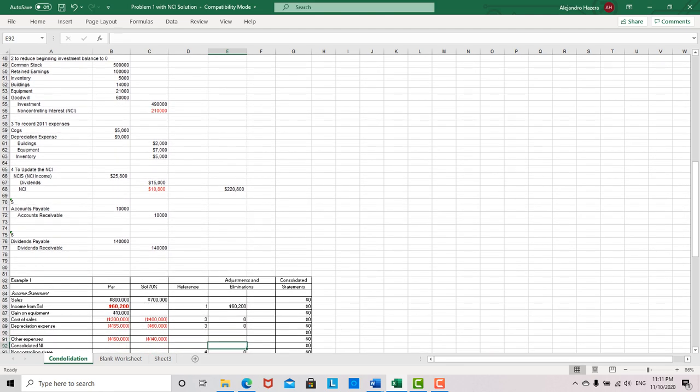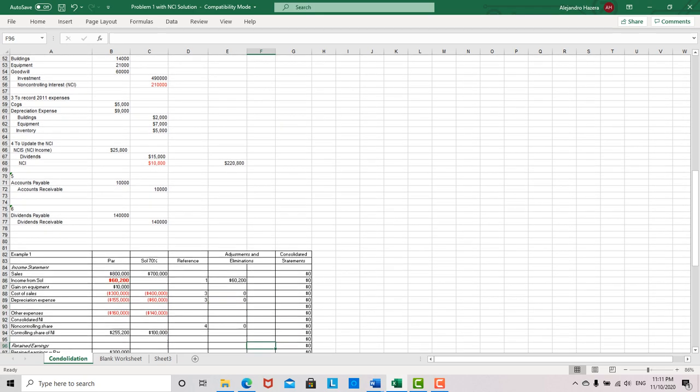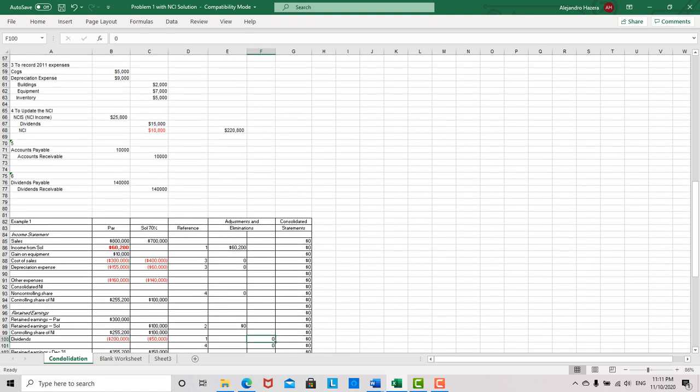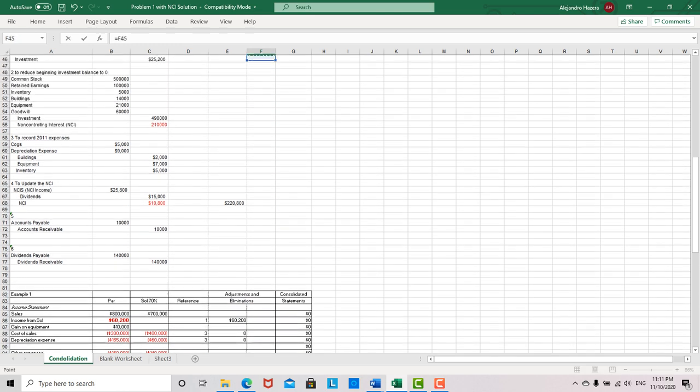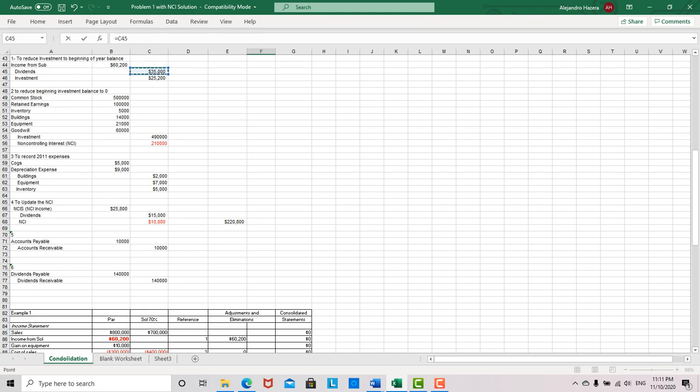The next entry is a credit to the sub's dividends, which is right here. So this is entry number 1. Go ahead and post that right there.